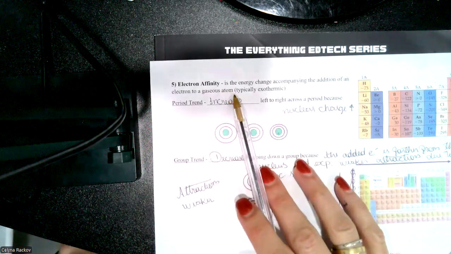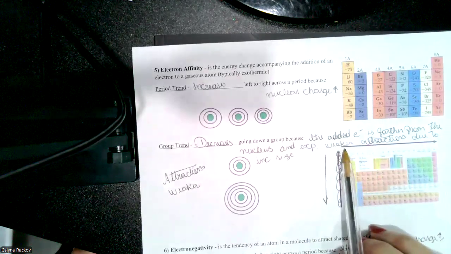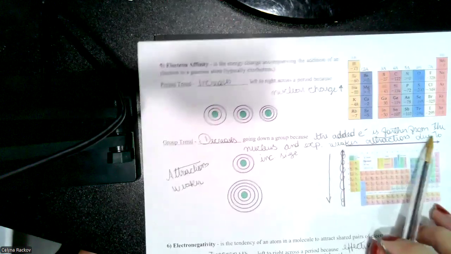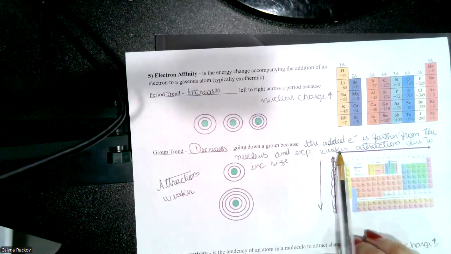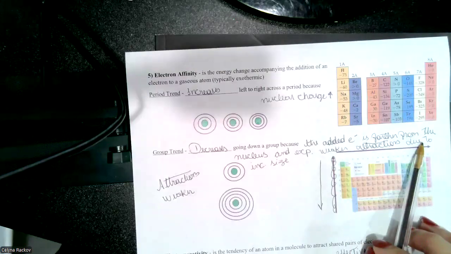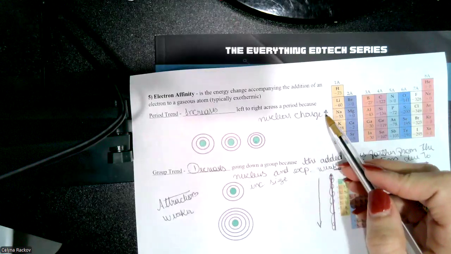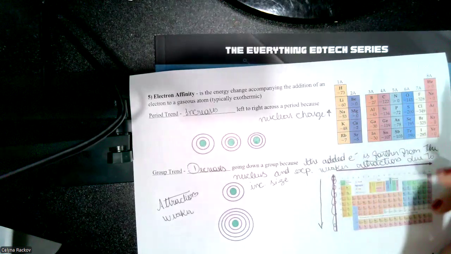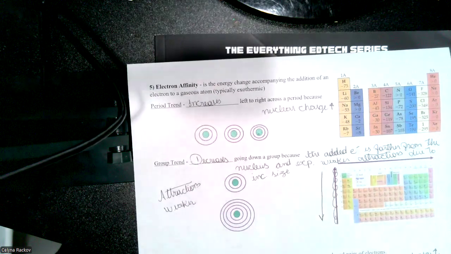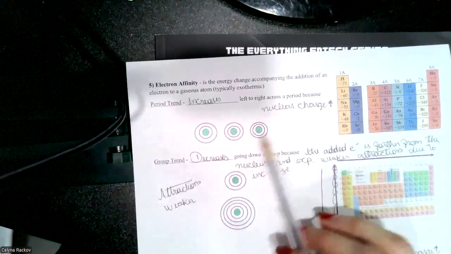So the period trend, that's the horizontal line here: the electron affinity increases from left to right across the period. Because when the nuclear charge increases, the electron affinity also increases. So you have more attraction to the electrons.